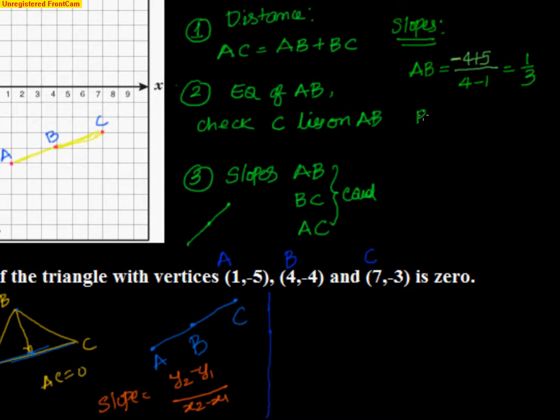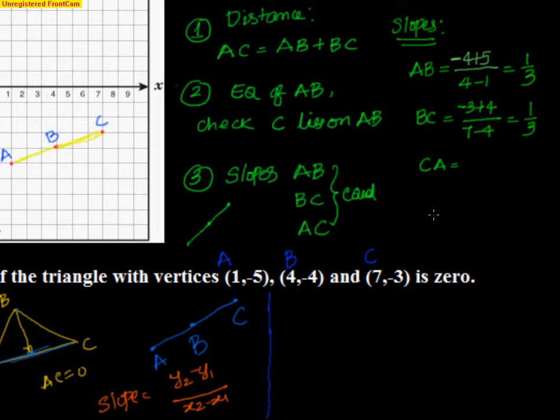What is the slope of BC? Slope of BC is minus 3 minus of minus 4, that is minus 3 plus 4 by 7 minus 4. That's also equal to 1 by 3. Now let's take slope of CA. What's the slope of CA?